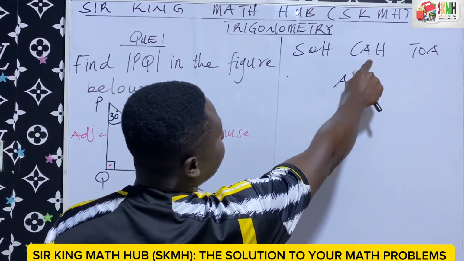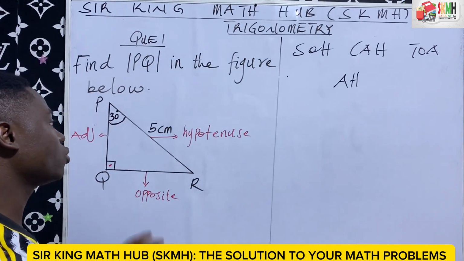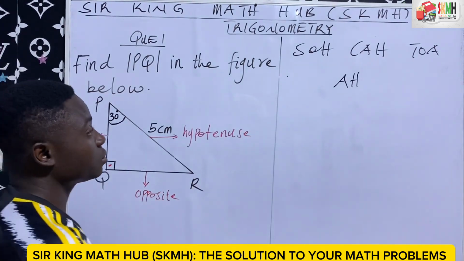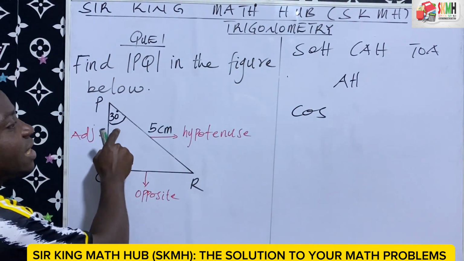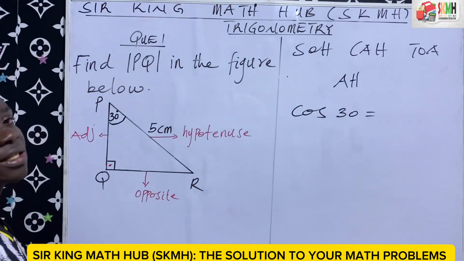Clearly you could see that CAH has adjacent and hypotenuse. So with this, to find line PQ, you should use cos. So cos of the acute angle, in this case 30 degrees. So cos 30 should be equal to the length of the adjacent.